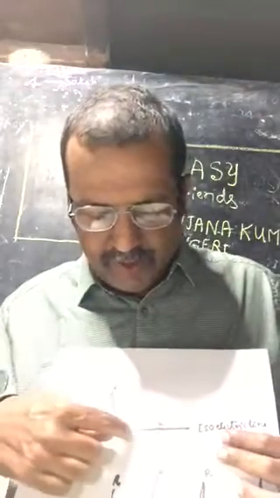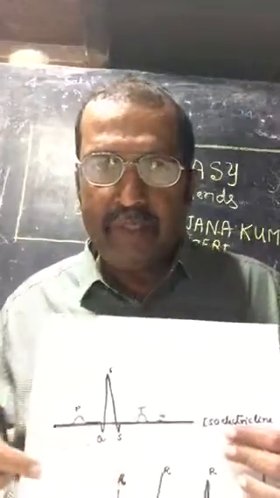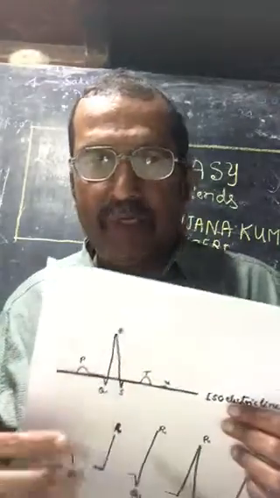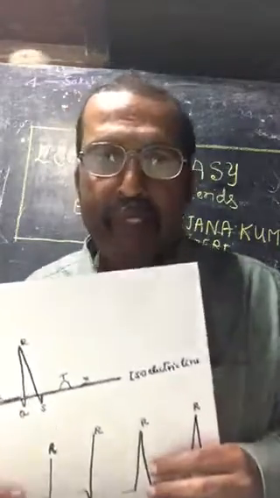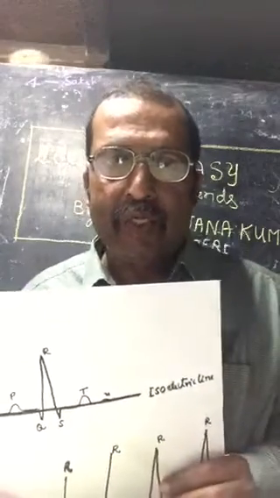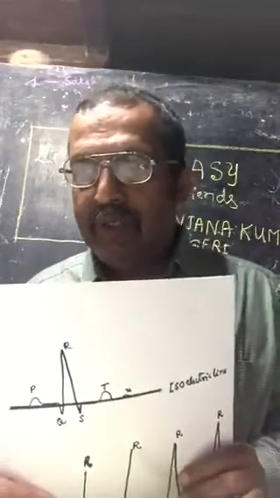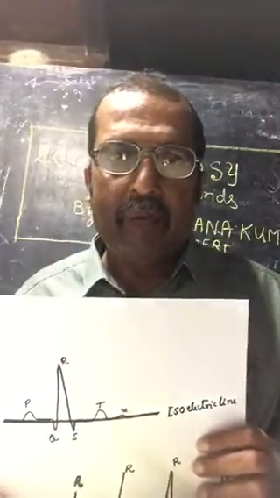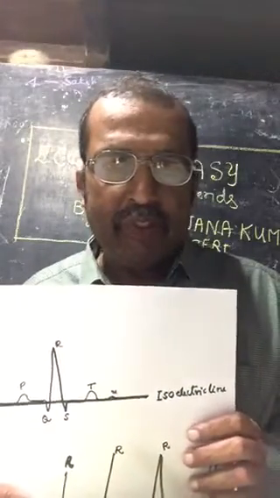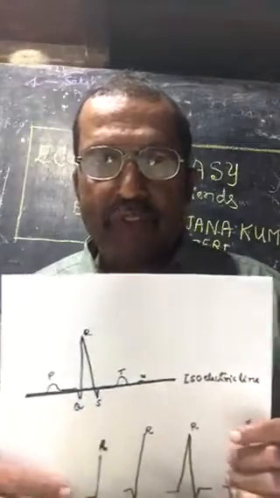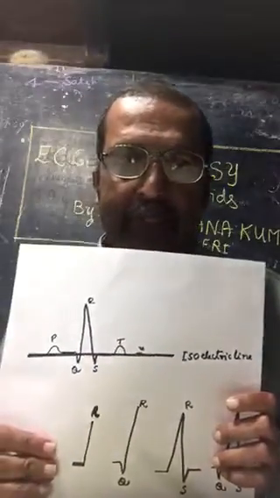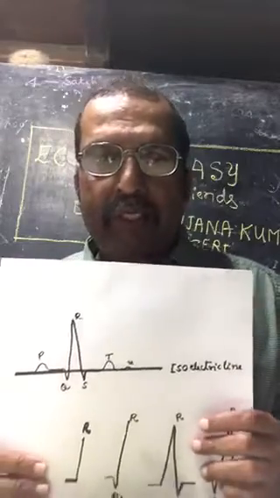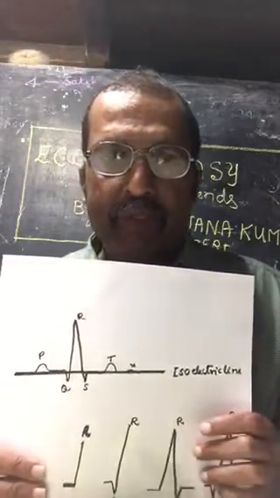If the ST segment is elevated from the baseline, you say ST elevation, and it is always suggestive of MI.